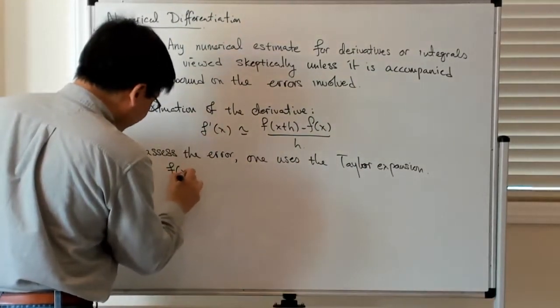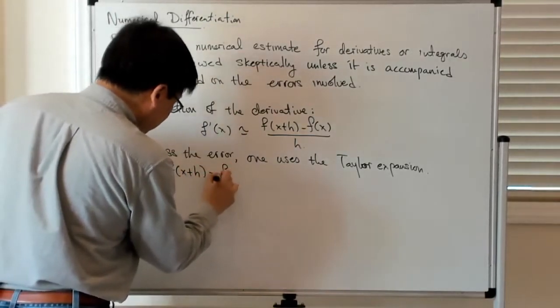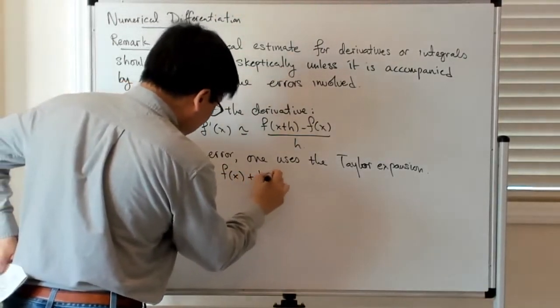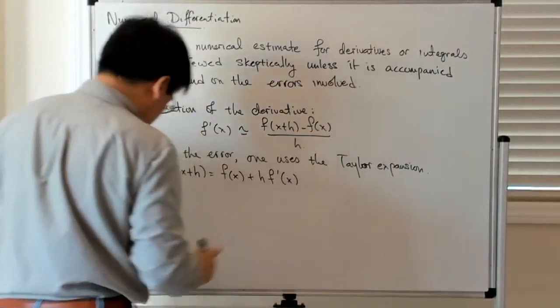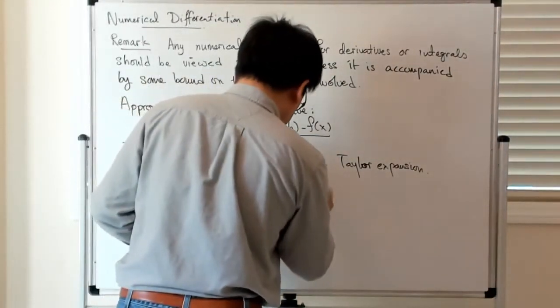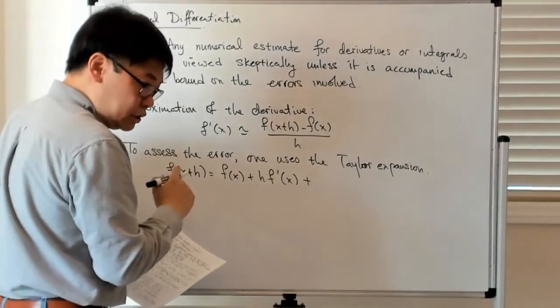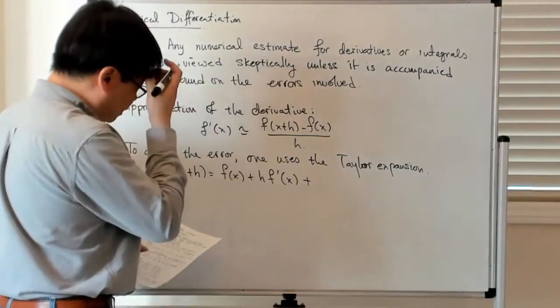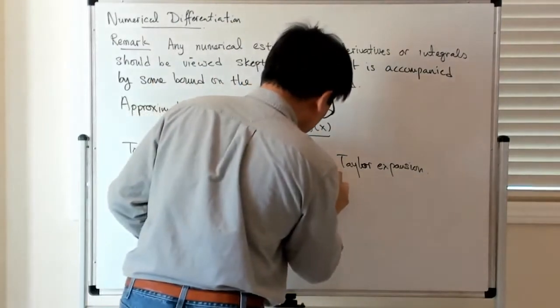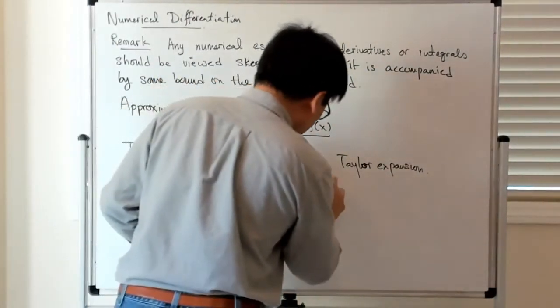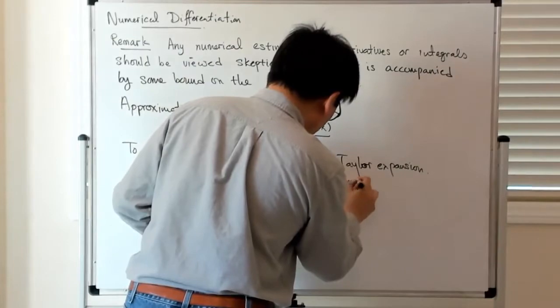So we know that f of x plus h is equal to f of x plus h times f prime at x plus, so I'm just going to terminate this up to the linear term in h, and then I'll write down the remainder term, right? So the Taylor remainder term is h squared over 2 f double prime at some unknown point.